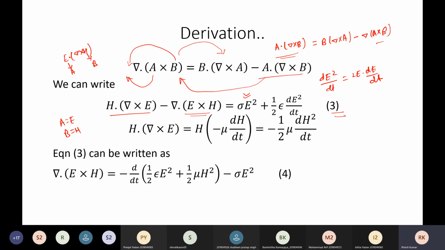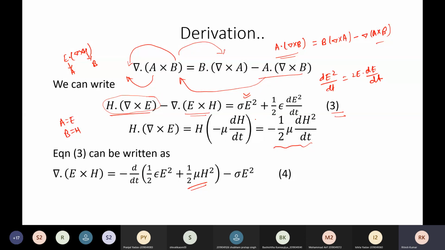Now this equation 3 can be represented as this. We have put the value of this H dot curl of E, and we got the expression of divergence of E cross H on one side and the remaining terms on the other side. So this term has been involved here, minus d by dt half mu H square.